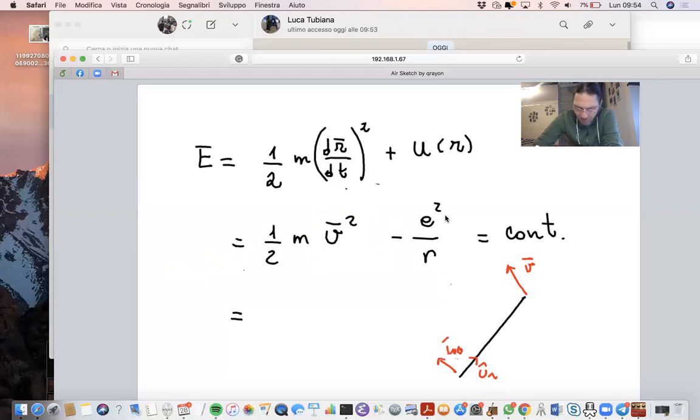Now, if I write polar coordinates, then I can define a component along u theta, let me call it v theta, and a component along ur. And therefore, I can use this splitting and write the following.